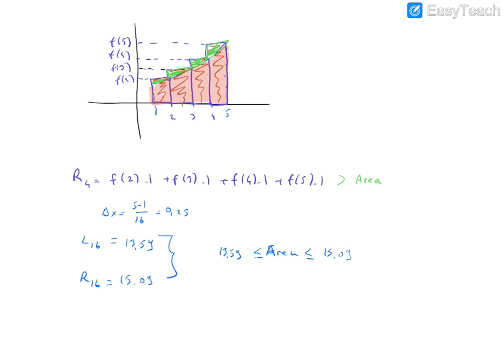For 100 subintervals, L100, which is calculated in your textbook as 14.214. So the exact area is between this value and the right sum for 100, that value.